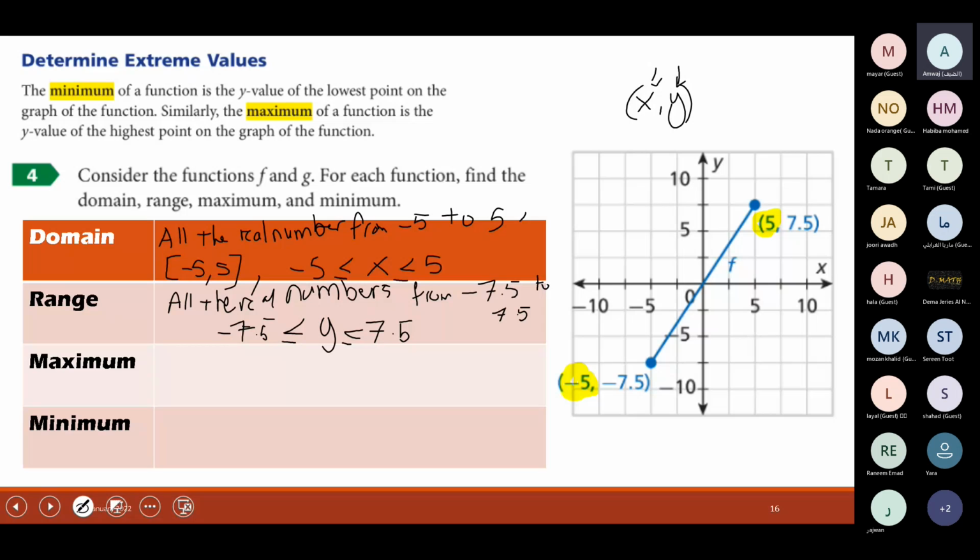Okay, now look at the maximum here. When you talk about the maximum, you talk only about the value of y, and the same for the minimum. Now here, Maria told us about negative 7.5 and 7.5. Which point is the maximum?